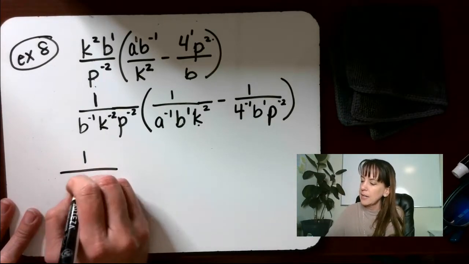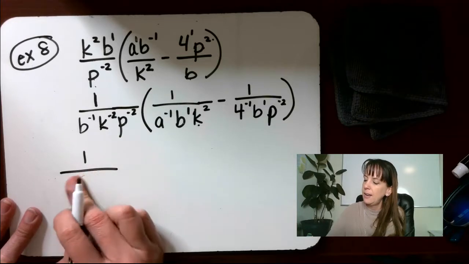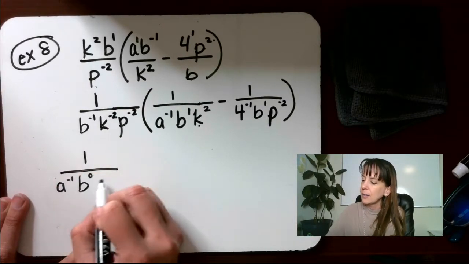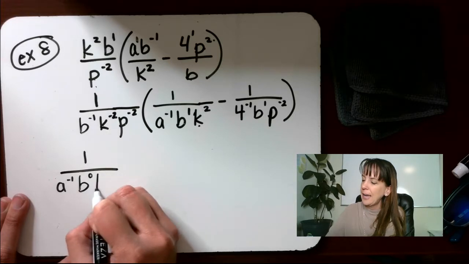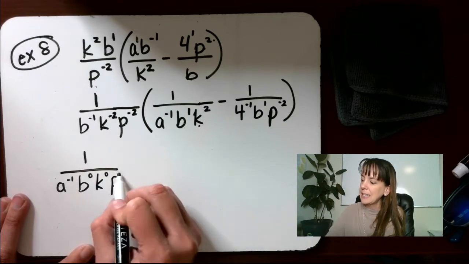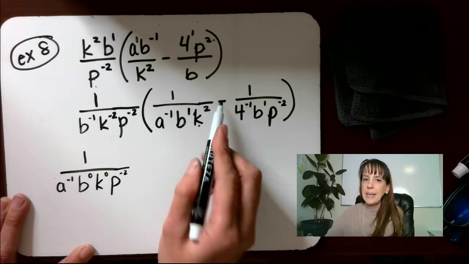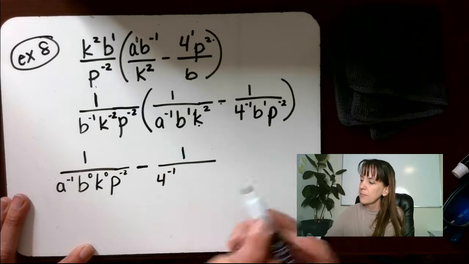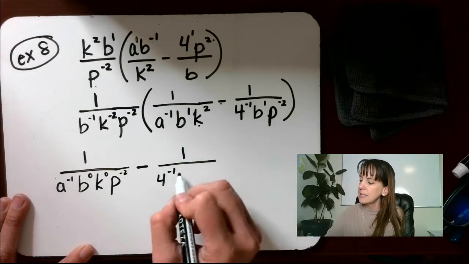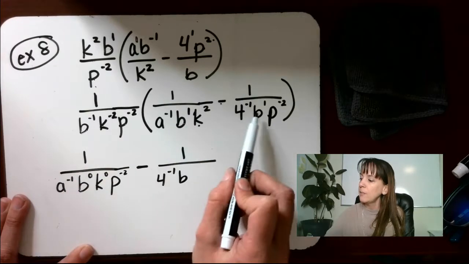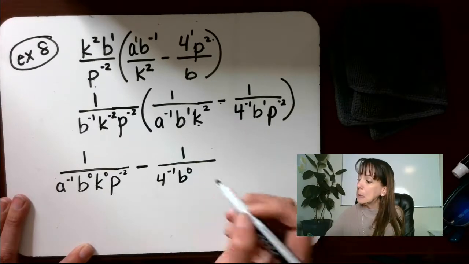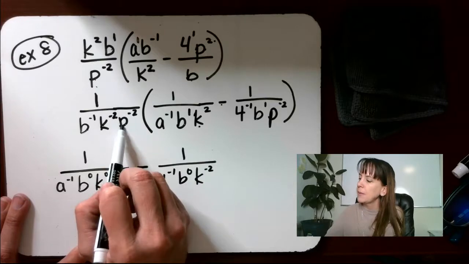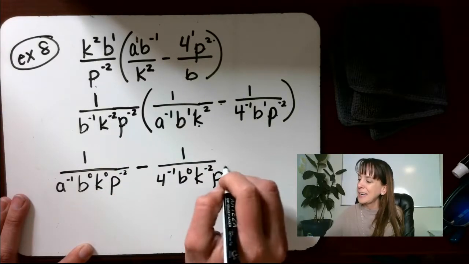So a to the negative 1, and I'll write those out just so that you have it actually. b to the 0, k to the 0, p to the negative 2, minus 1 upstairs, 4 to the negative 1, and then b to the 0, because b to the negative 1 and b to the 1 gives us b to the 0, k to the negative 2, and then p to the negative 2, p to the negative 2 is p to the negative 4.